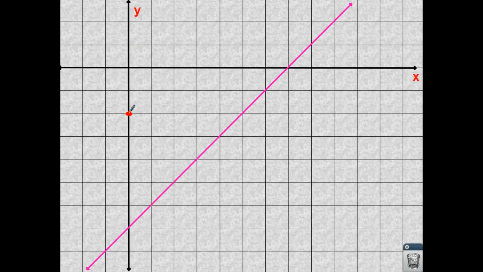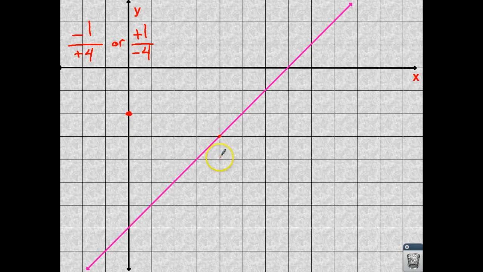And now to get our slope of -1/4, we have two options. We could go down 1 and right 4, or we can go up 1 and left 4. Both of those mean -1/4. All right, so let's go down 1, right 4. 1, 2, 3, 4.